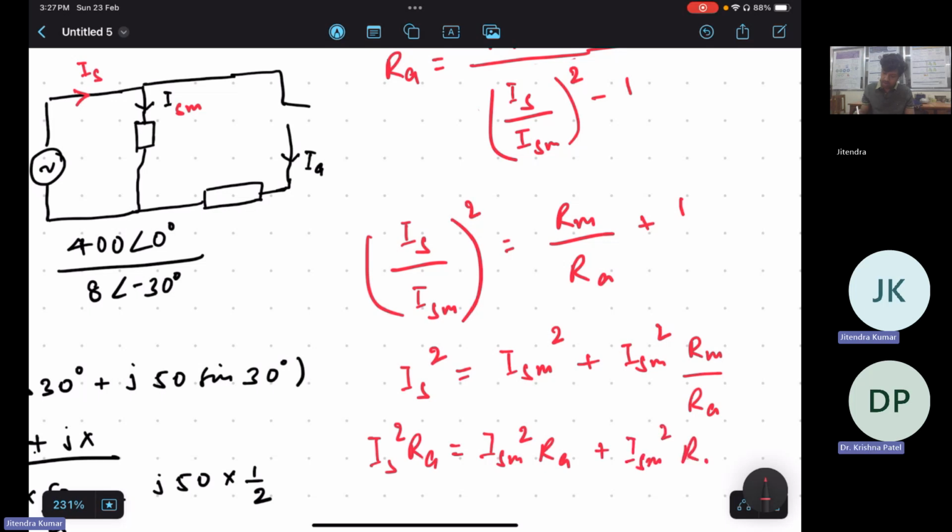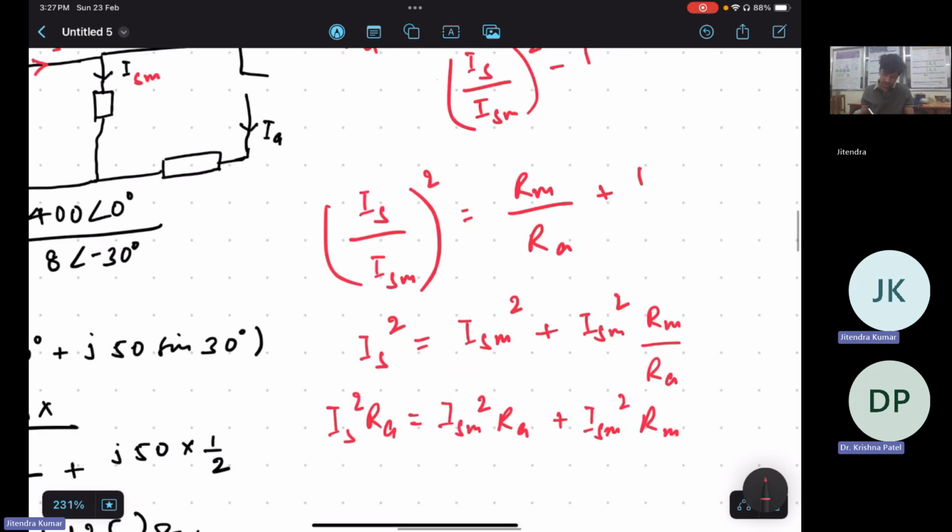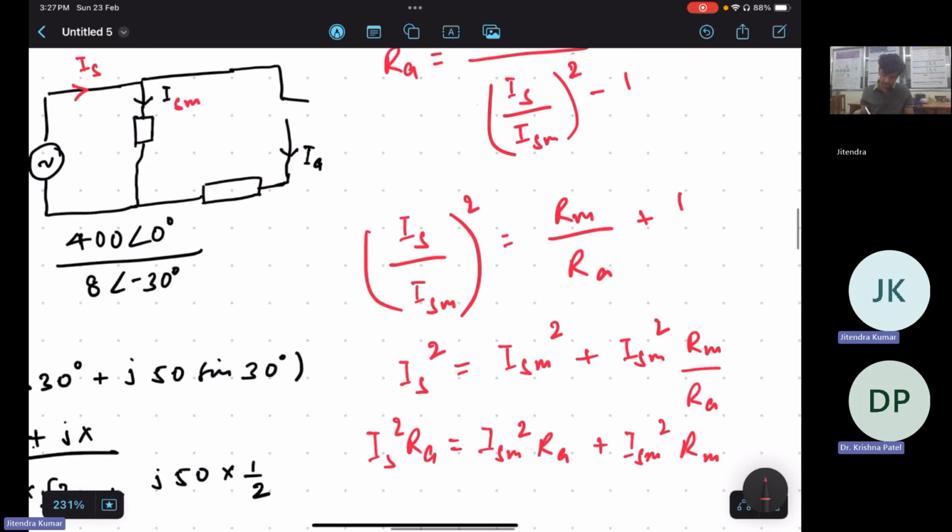Currents are given, but in this equation, if you see, there is no role of the voltage. But with the help of voltage, you can calculate IS, because IS is not given here.